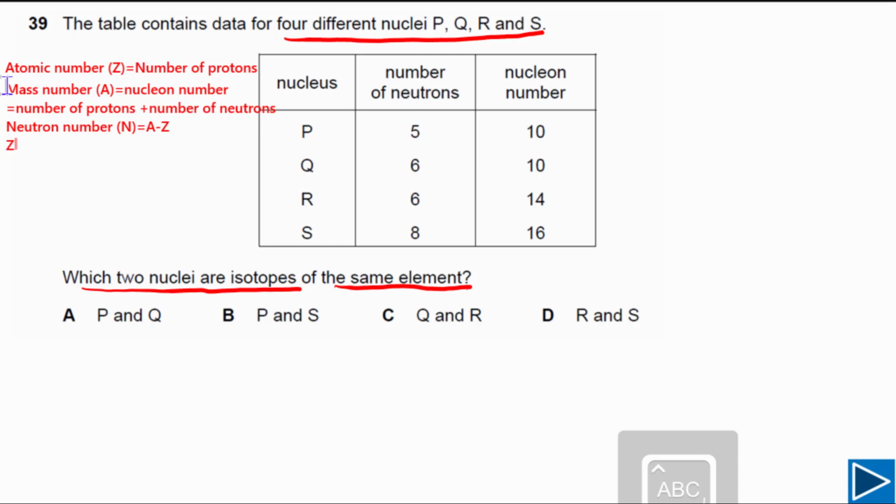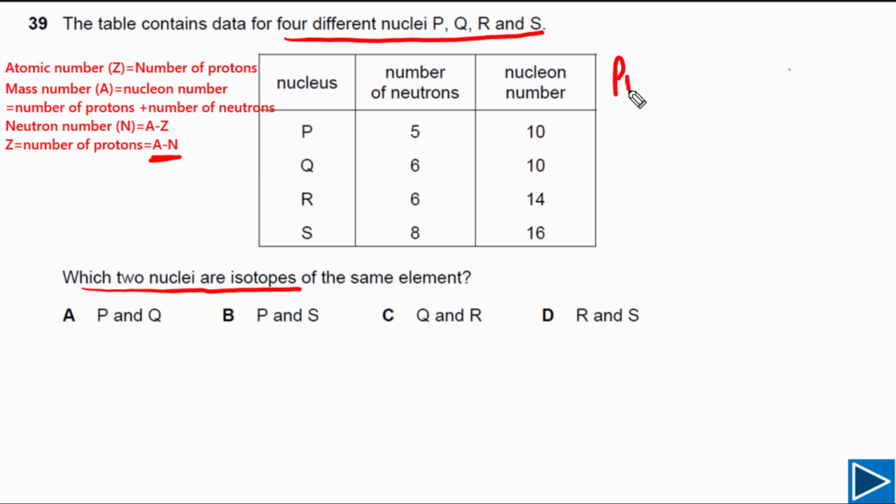And if we need to find Z, the number of protons, that will simply be equal to A minus N. Proton number is equal to atomic number, so we use the symbol Z. Nucleon number is given, and it is the same as mass number, with symbol capital A, and the number of neutrons is capital N. So the proton number Z is equal to A minus N.